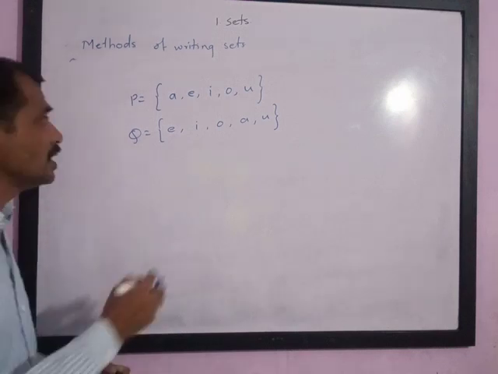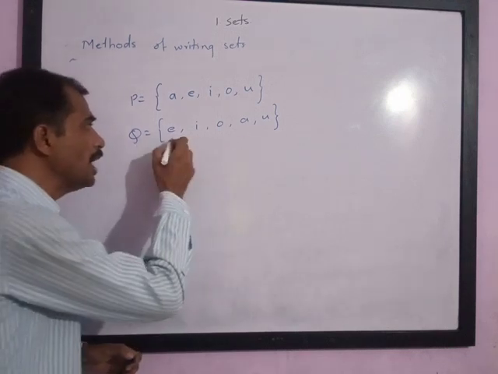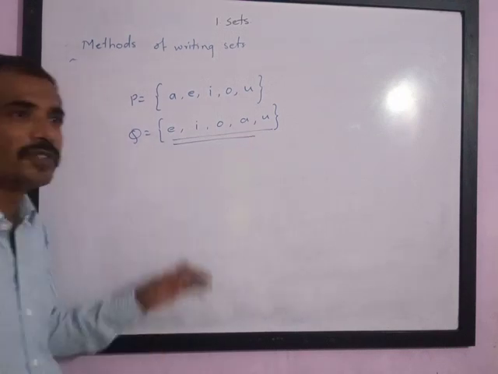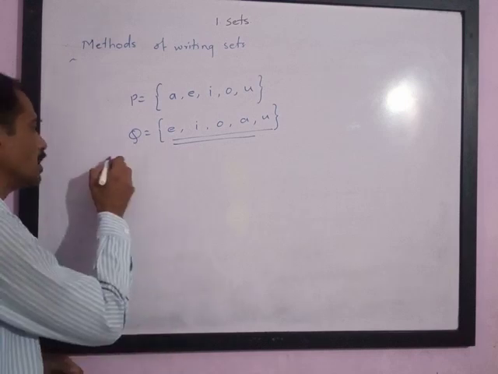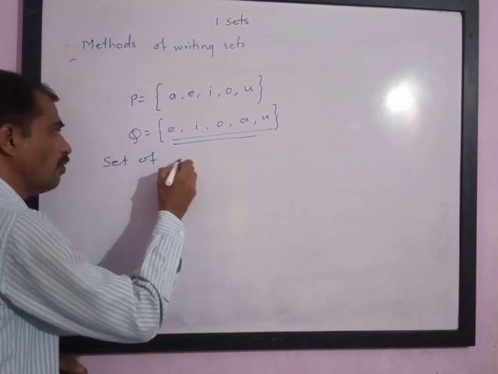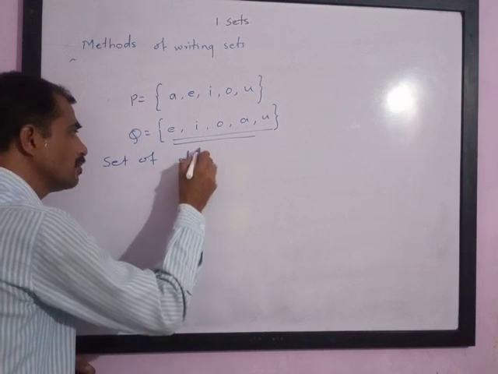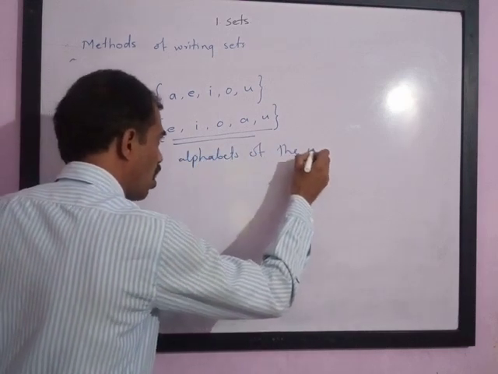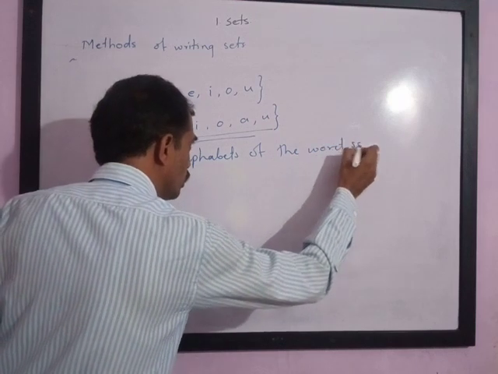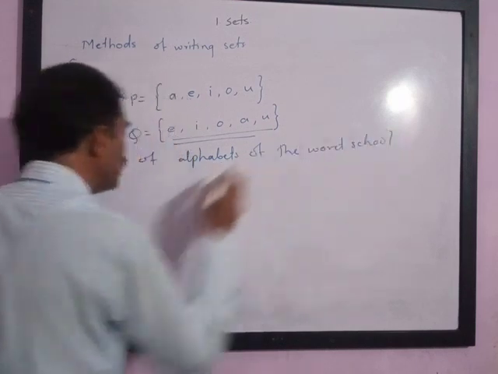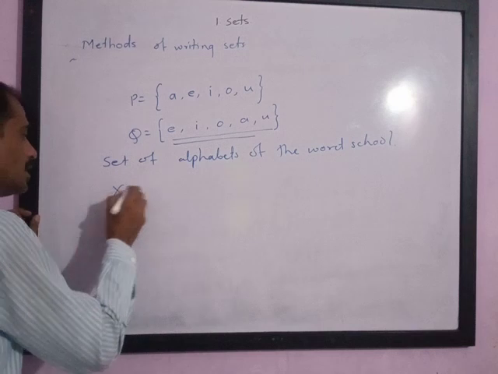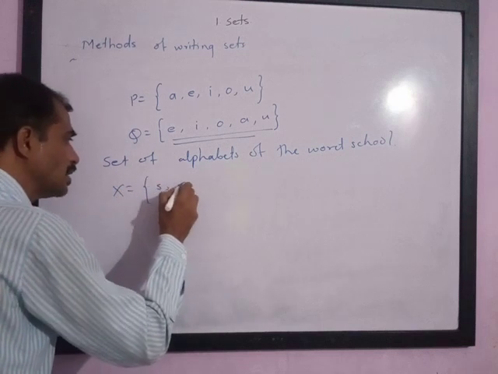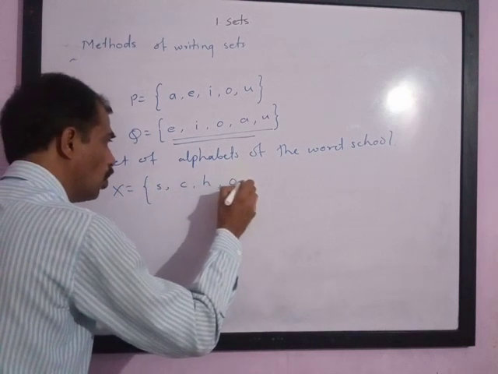And always remember, we never repeat any of the elements in the case of sets. So if we want to write the set of alphabets of the word school, it will be X is a set of s, c, h, o, l.